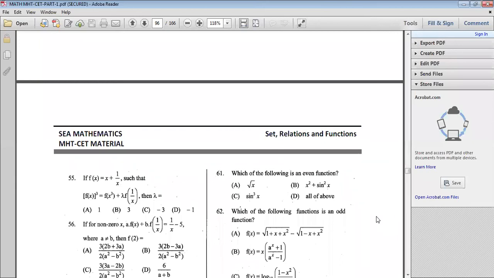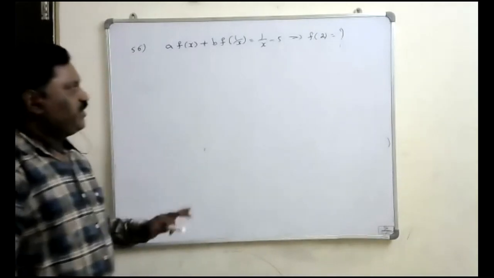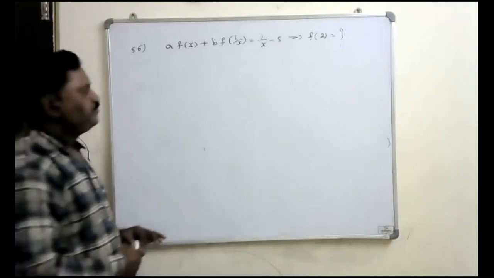Then what is the value of f of 2? f of 2 is equal to how much? Look at this problem, this model. This is very important for the GMAT level also.